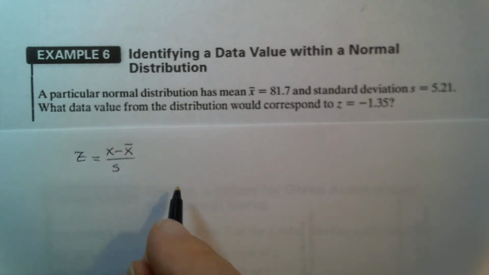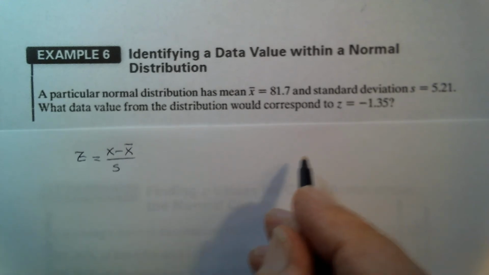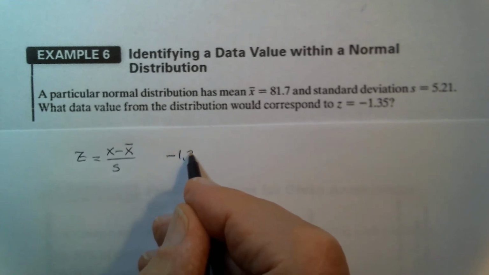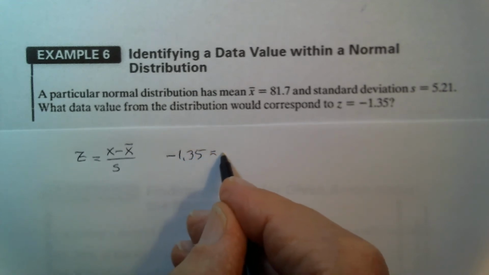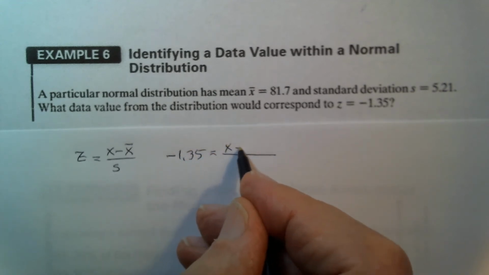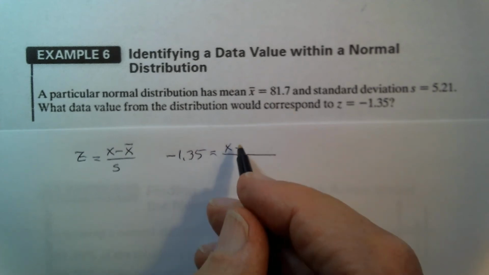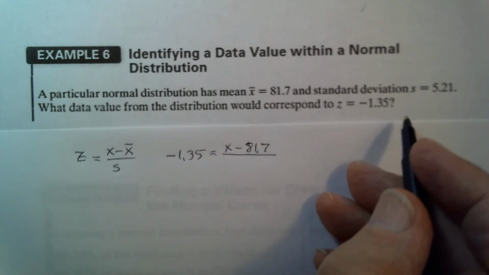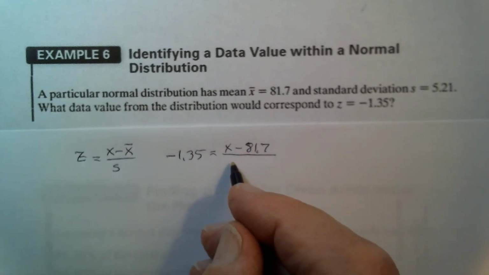So we are looking for x because we know what z is, we know what x bar is, we know what s is. So let's use the numbers. Z equals minus 1.35, so minus 1.35 equals x minus the mean of 81.7, and the standard deviation was 5.21.